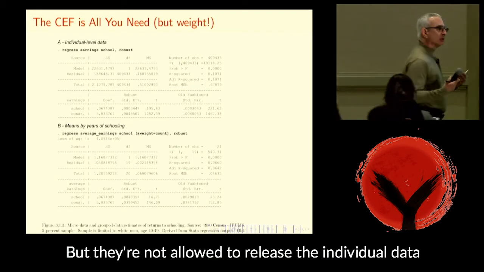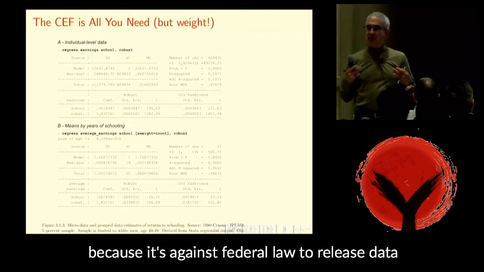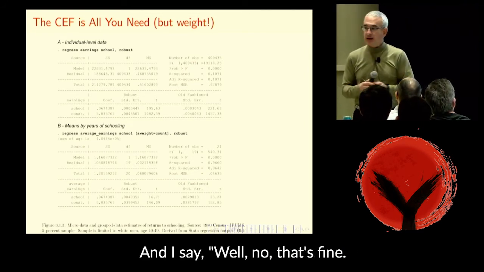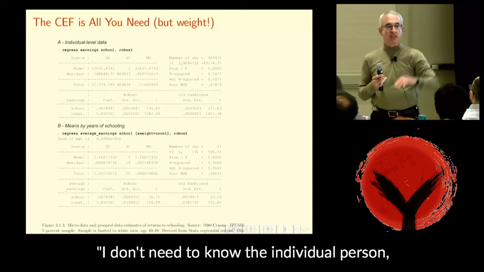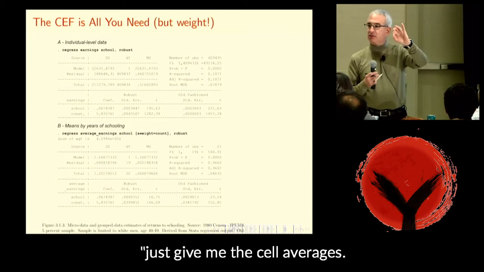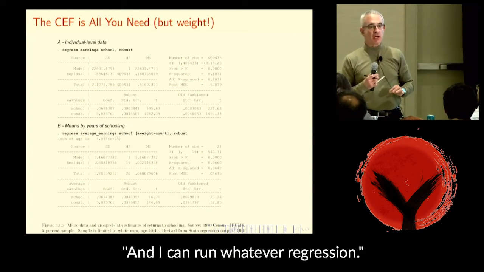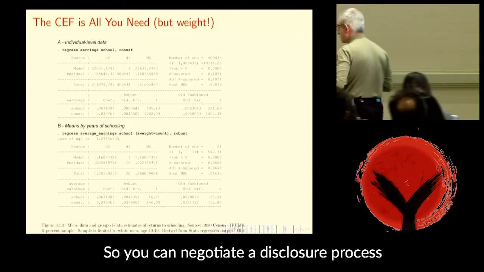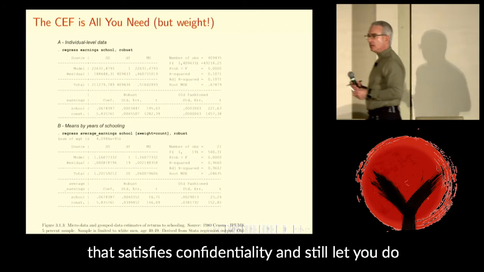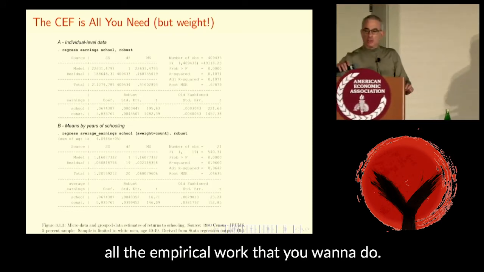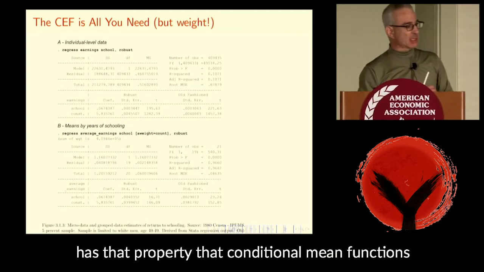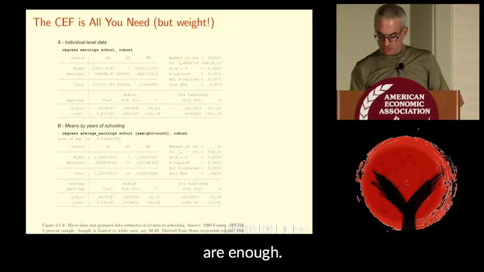But they're not allowed to release the individual data because it's against federal law to release data collected for tax purposes. And I say, well, that's fine. I don't need to know the individual person. Just give me the cell averages, and I can run whatever regression. So you can negotiate a disclosure process that satisfies confidentiality and still lets you do all the empirical work that you want to do. Regression has that property. Also, instrumental variables has that property, that conditional mean functions are enough.